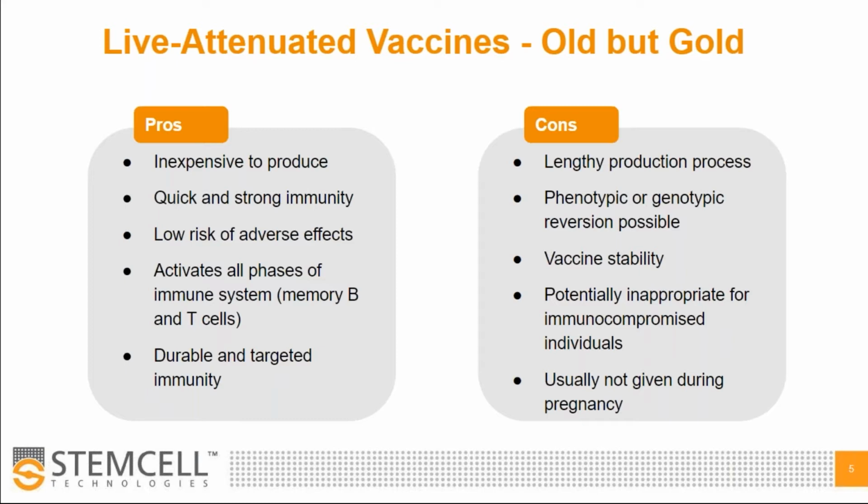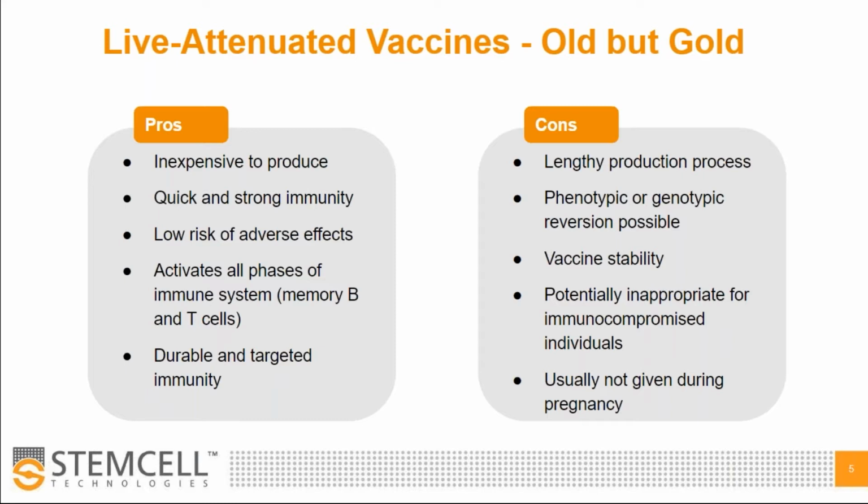There are some disadvantages of live-attenuated vaccines. The production process can be fairly lengthy, and there is also a small chance that the attenuated virus can undergo phenotypic or genotypic reversion, which would render it pathogenic.